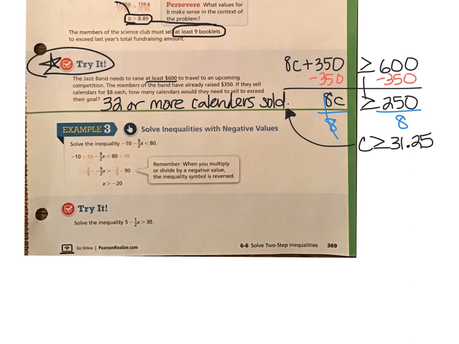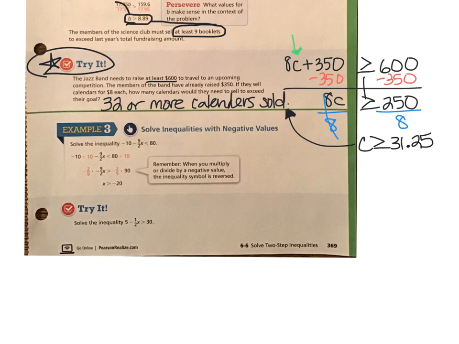Okay, let's take a look at the try it that goes with this. Here we're looking for how many calendars the jazz band needs to sell to raise at least $600 for a competition. When we set up the inequality, we know that calendars are $8 each. So that's this piece right here.